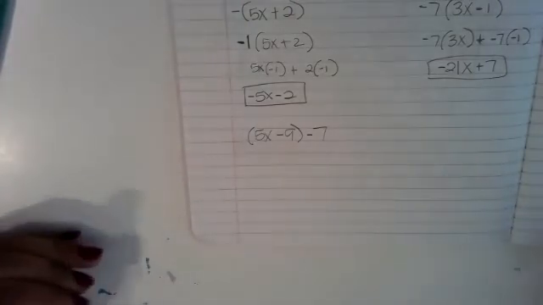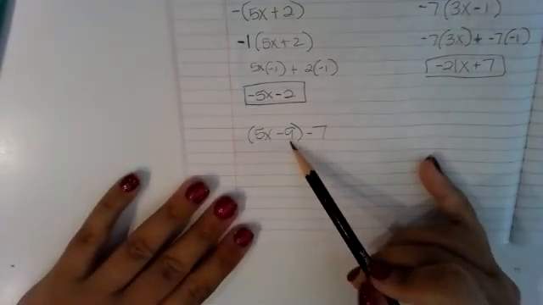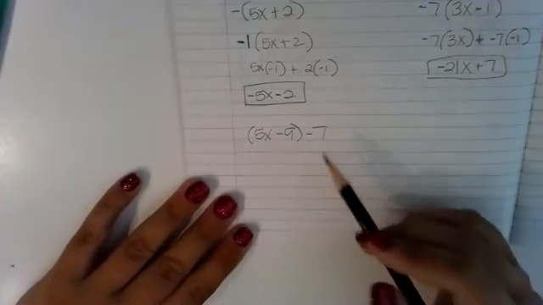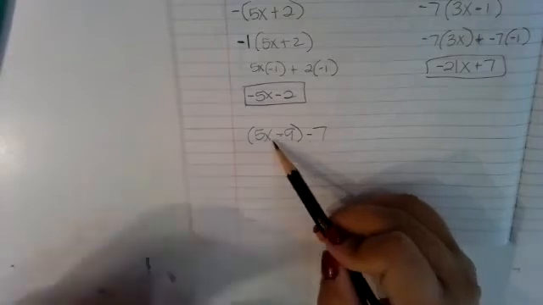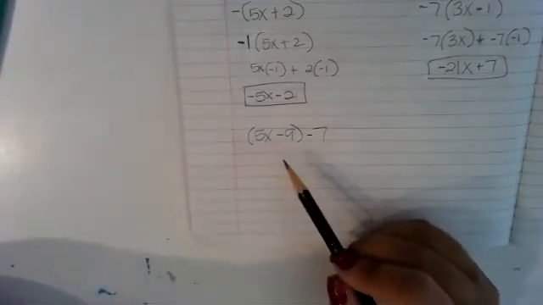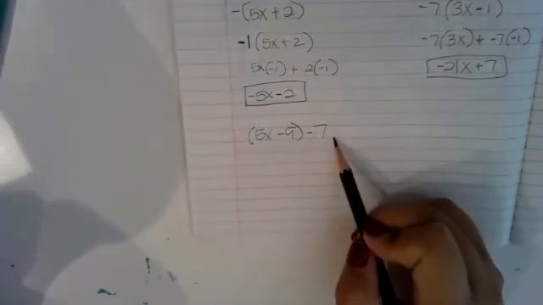So when I read this, this is saying the quantity of 5x minus 9 minus 7. This is not a 5x minus 9 times -7. I'm going to read it again. 5x minus 9 minus 7.